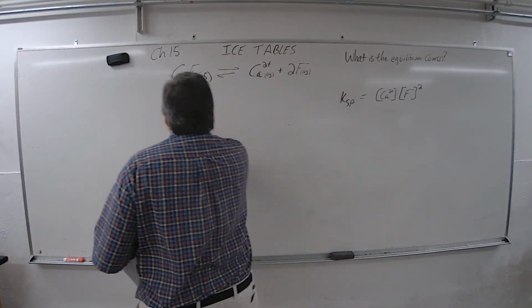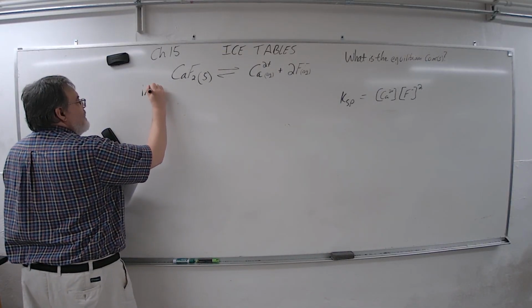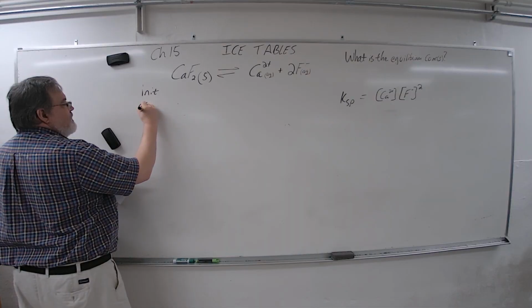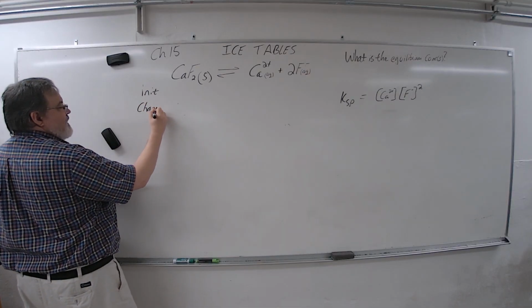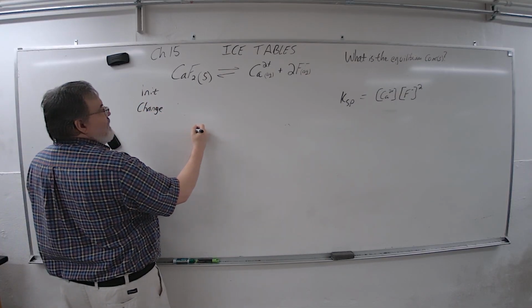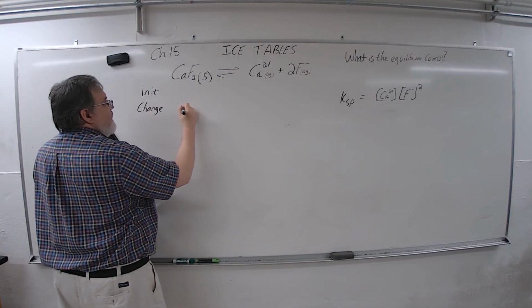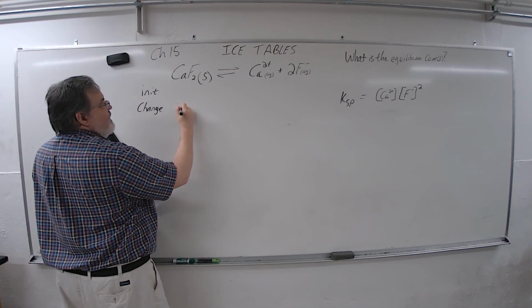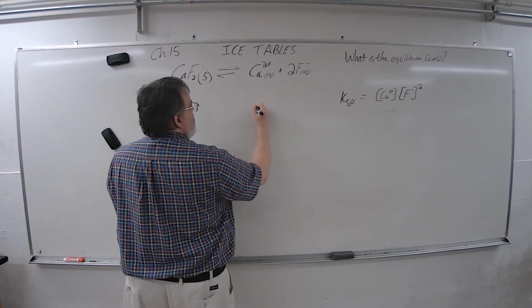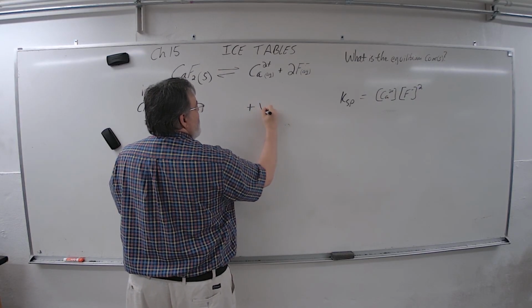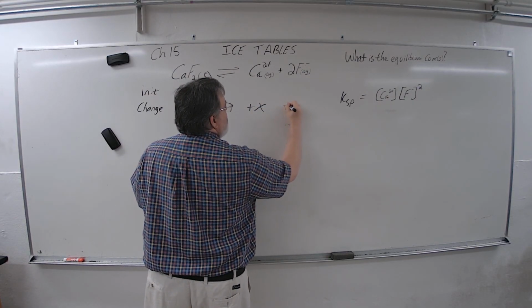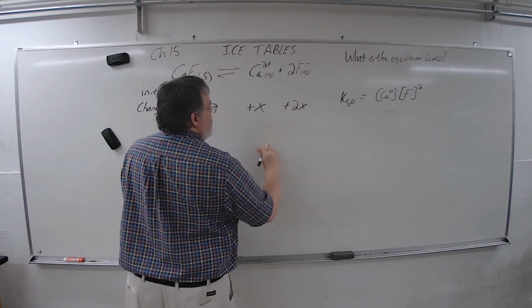What if I did this? We don't know the initial, but the change would be this one. If we started with some amount of this, and then we ended up with plus x, you would say plus 2x here.